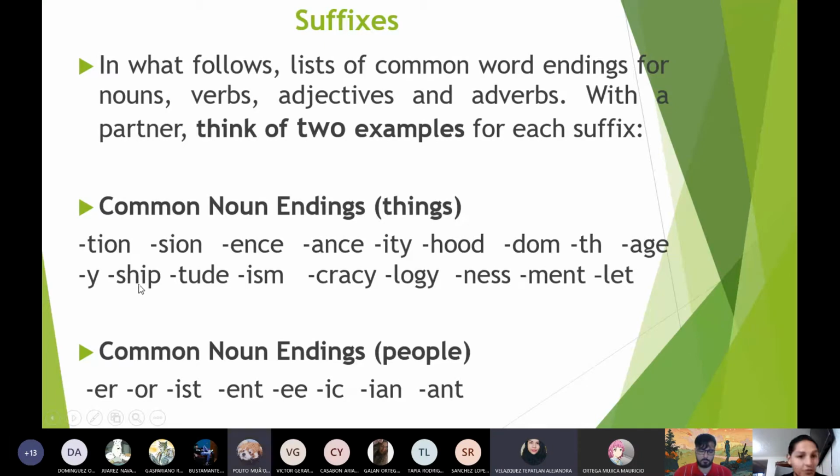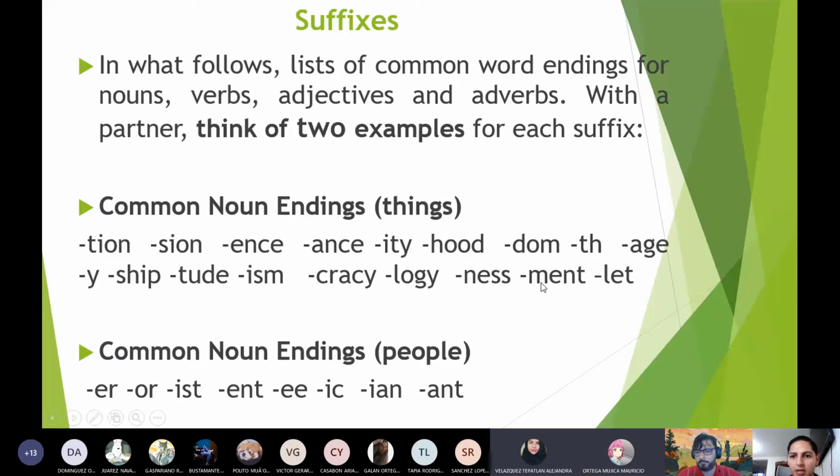Friendship. Worship. Relationship. Perfect. This one? Attitude. Yeah. This one? Optimism. Yeah. Okay. What about that one? Democracy. Yeah, good. So you are remembering your flashcards. This one? Technology. Biology. That one? Madness. Happiness.